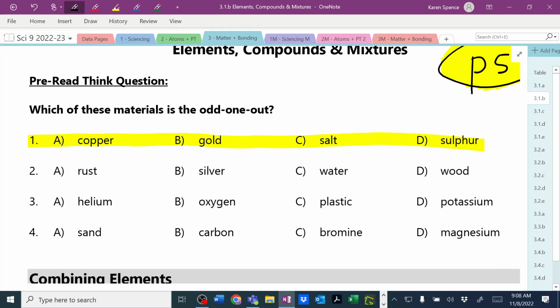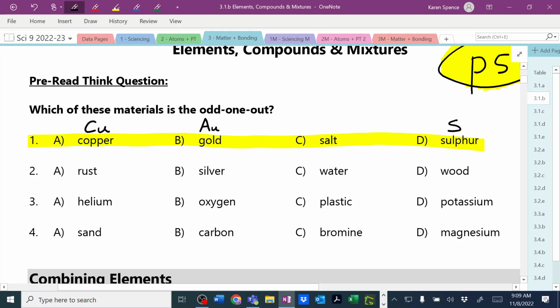What is the symbol for copper? Cu. What is the symbol for gold? Au. What is the symbol for sulfur?